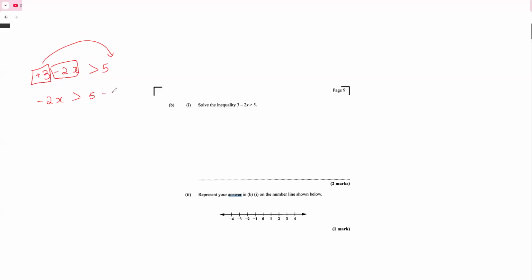So we have 5 minus 3. So we have 2x is greater than 5 minus 3, which is 2. Now, normally, our inequality sign stays in the same direction.